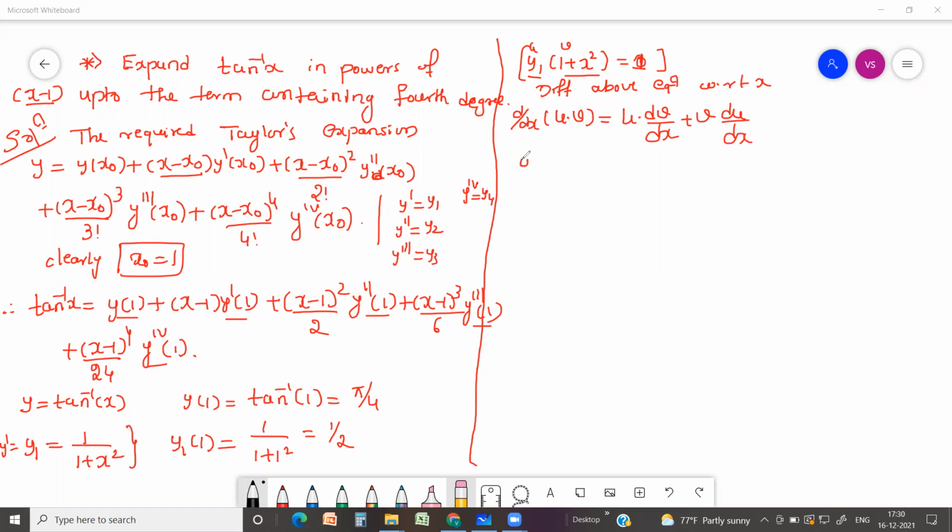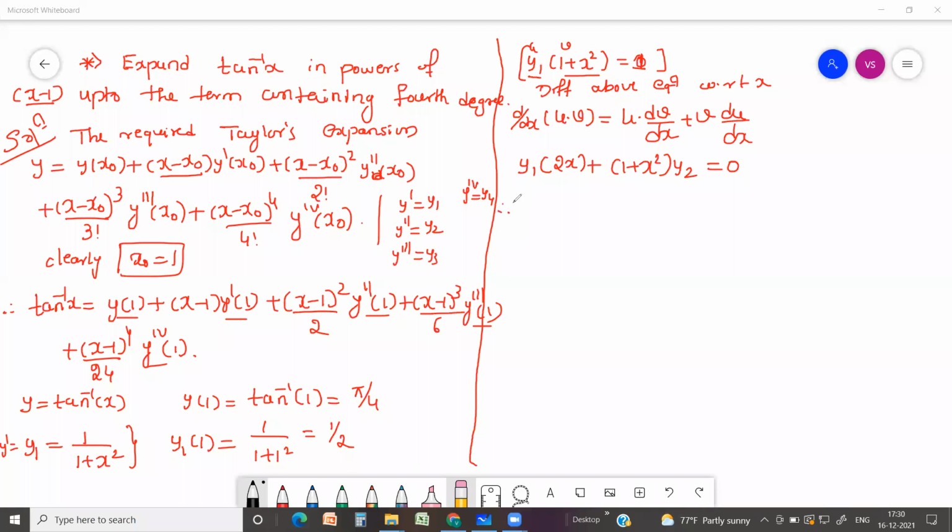So what happens? Y1, I'll keep it as it is, times the differentiation of 1 plus x square. 1 differentiation is 0, x square differentiation is 2x, plus 1 plus x square as it is, times y1 differentiation, which becomes y2. Right hand side 1 is there, and 1 differentiation will be 0.